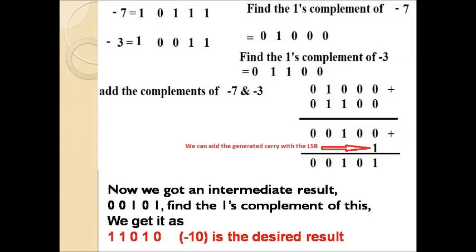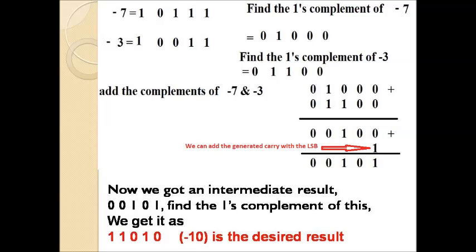What you have to notice here is that when the positive number has a higher magnitude, we add the carry to the least significant bit, and when the negative number has a higher magnitude, we find the ones complement of the intermediate result. So when both are negative, you can see that we are adding the carry to the least significant bit, and also finding the ones complement of the intermediate result.